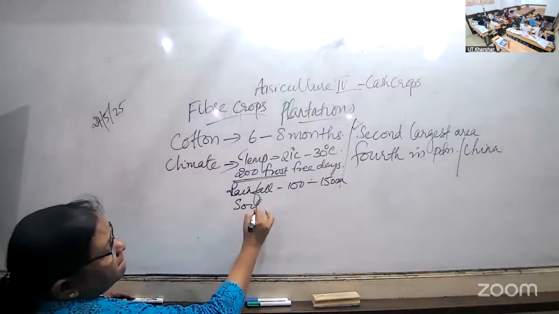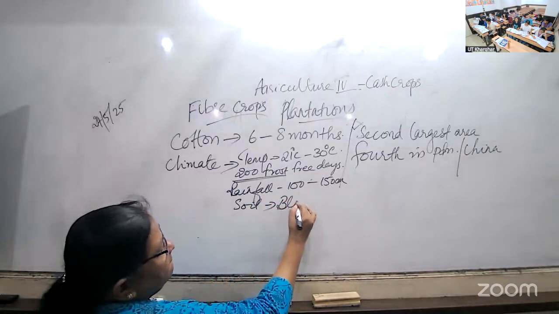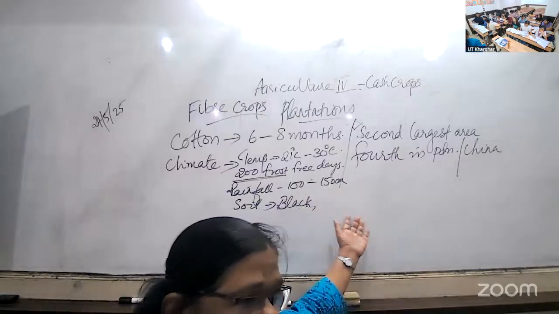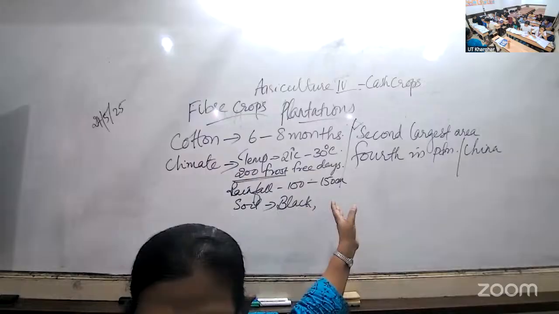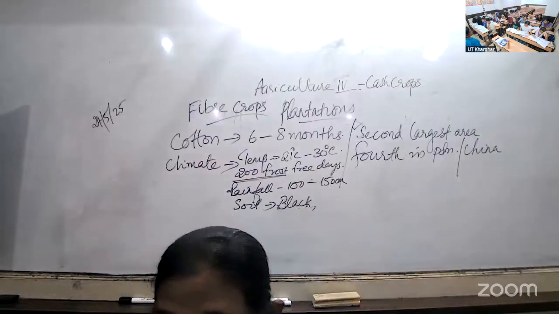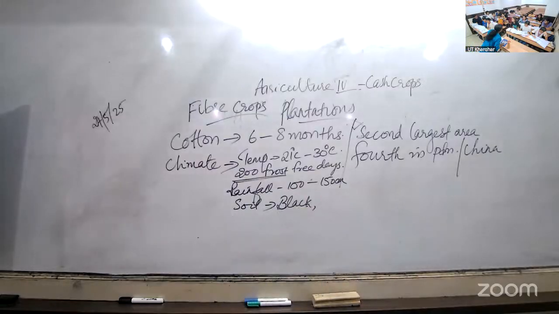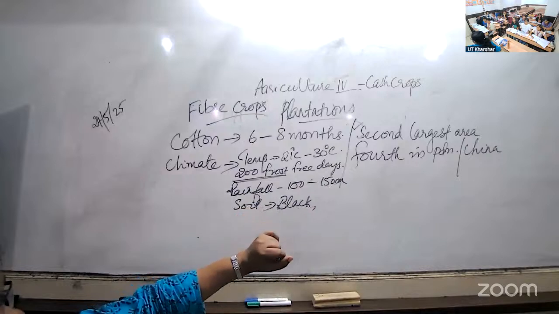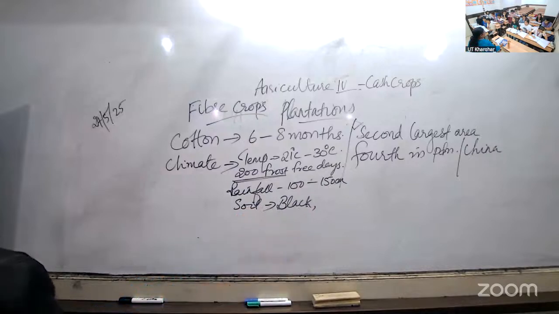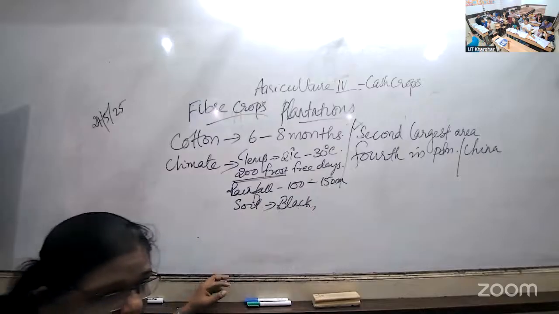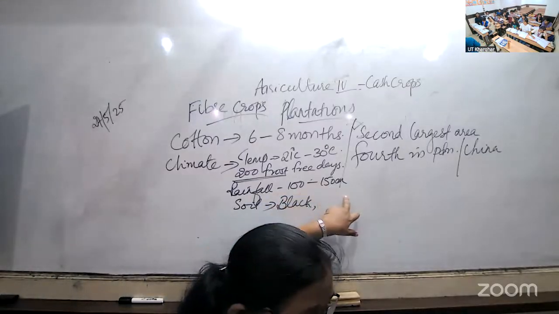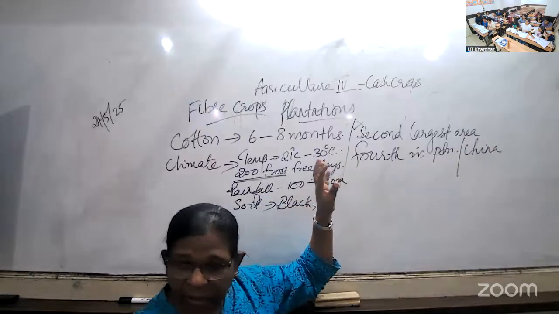Soil type: black soil, otherwise known as regur soil. 50 to 75 centimeters, okay. In the textbook it is written like that. It's also 100. So you keep it.